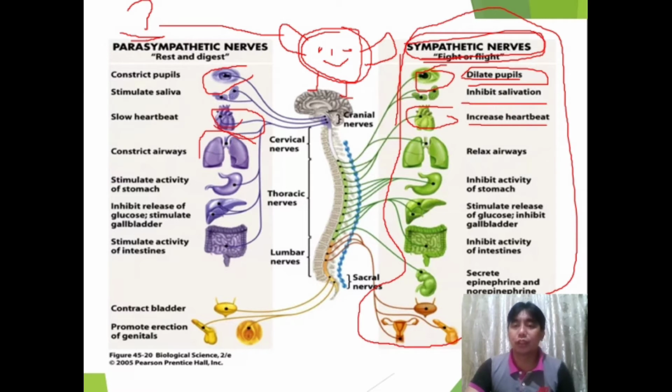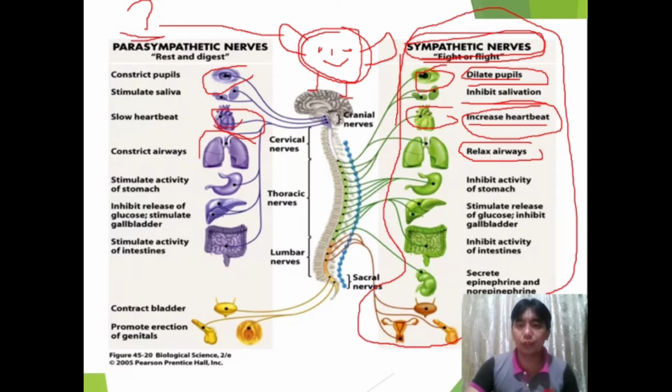So the heartbeat increases to produce more blood, and airways relax, because you are in danger, so they are all ready, and then all glands will be ready to secrete. All vital parts will release glands that your body needs. So that is what is going to happen.